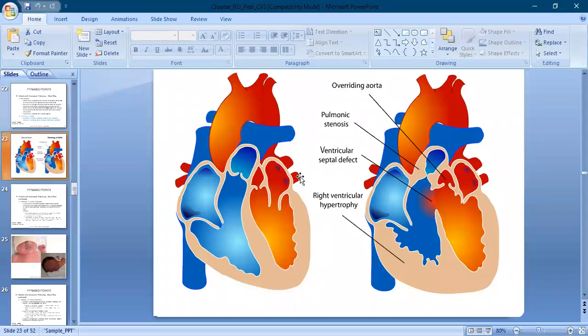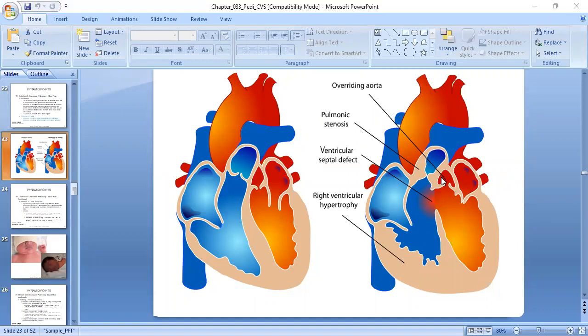This is the major artery that distributes blood to the whole body, upper and lower body. But sometimes the aorta is congenitally defective, where the aorta is positioned directly over the ventricular septal defect instead of over the left ventricle. Because of this problem, blood is not equally distributed. So this is the overriding of aorta, another congenital problem.